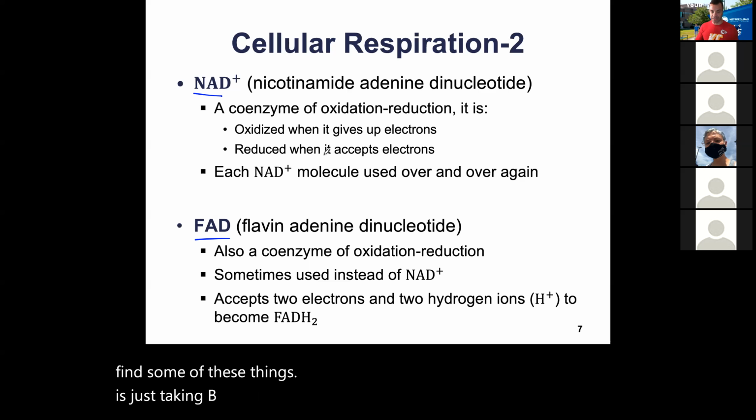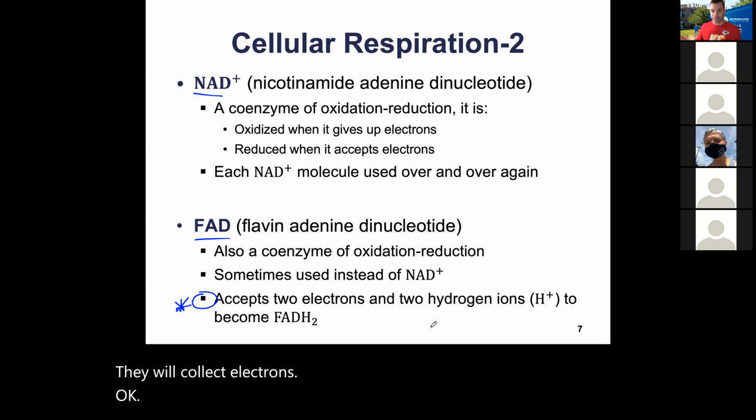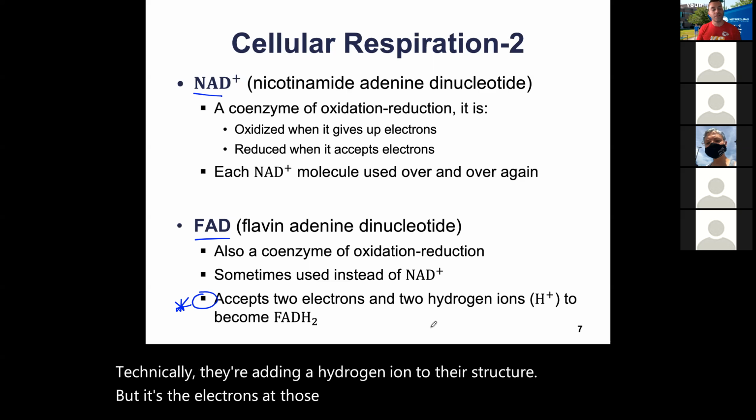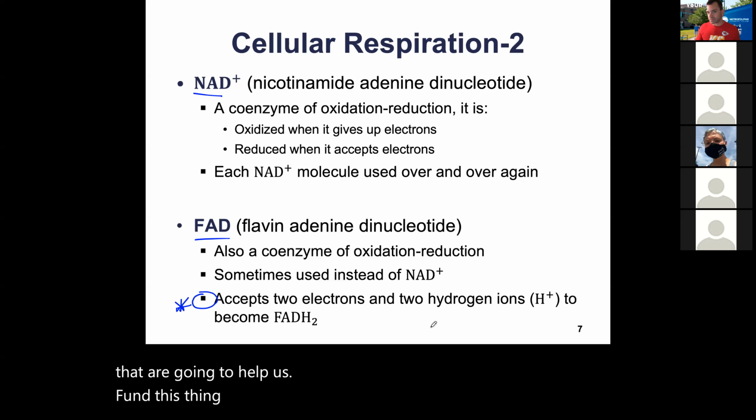Each of these two will collect electrons. Technically, they're adding a hydrogen ion to their structure. But it's the electrons that those hydrogen ions carry that are really important, that are going to help us fund the electron transport chain, okay?